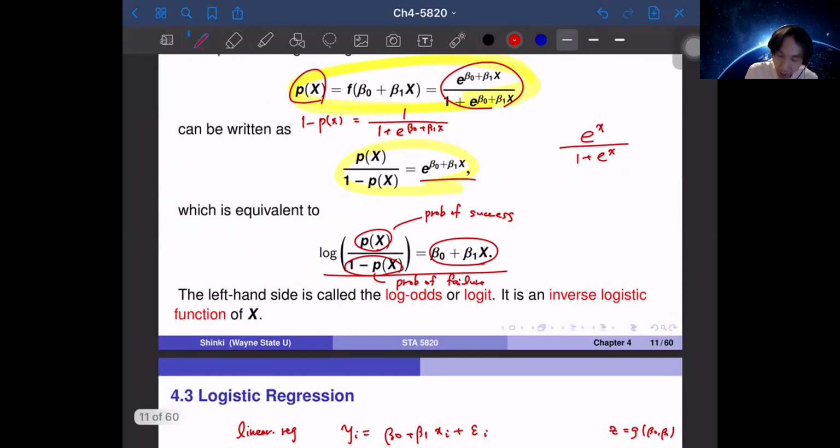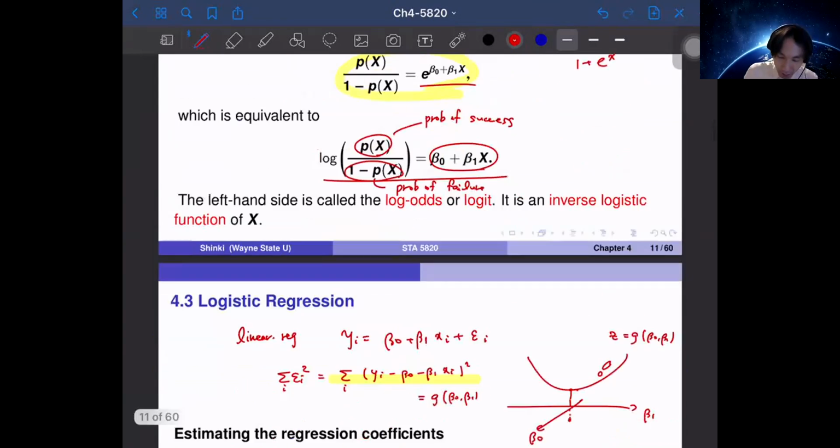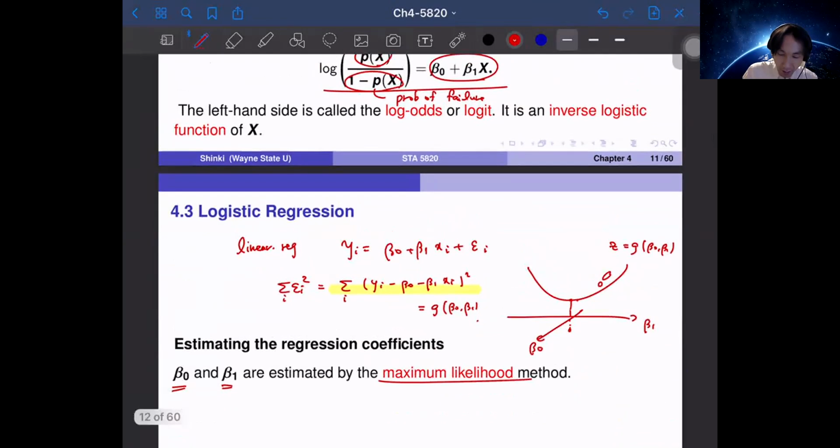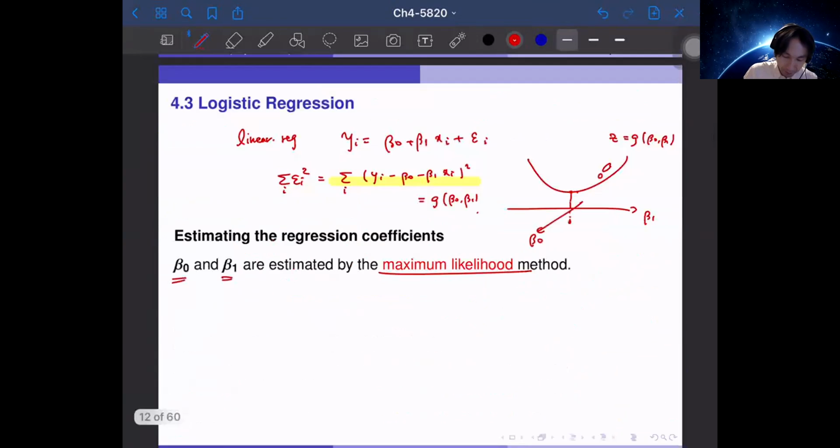We don't have an error term, so we cannot minimize the sum of error terms. Also this function is very complicated, so it does not work as simply as linear regression. So we use the maximum likelihood method, which means we maximize the likelihood by optimizing beta naught and beta 1.